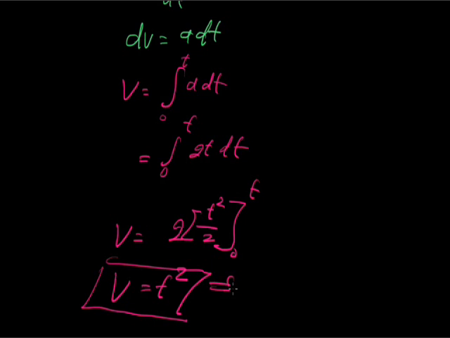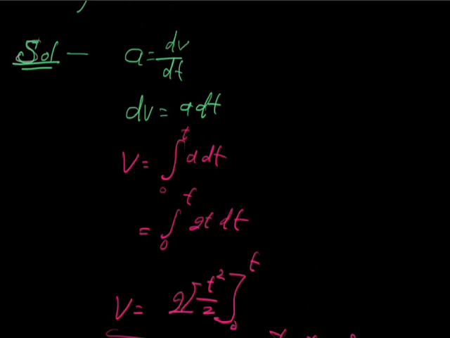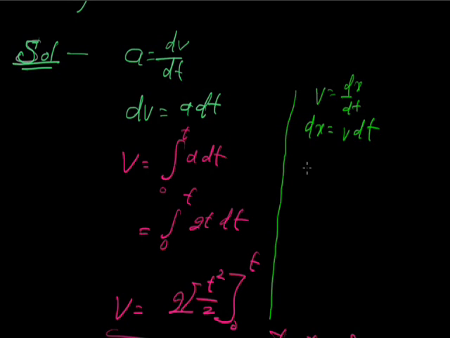So at t is equal to 1 second, velocity is equal to 1 meter per second. Now, what will be the displacement? Here, we know that v is equal to dx by dt and dx is equal to v dt, and x will be equal to the integration from 0 to t.